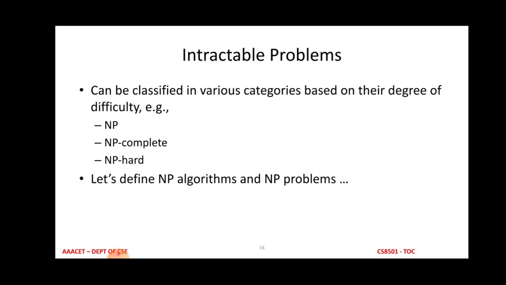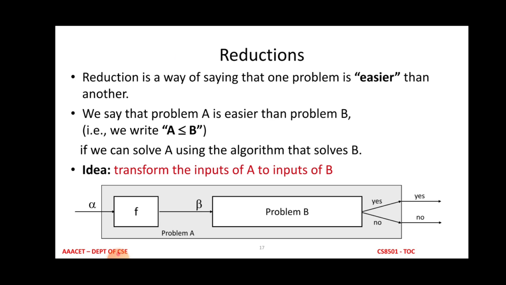So the next one is intractable problems. They can be classified into NP, NP complete and NP hard problems. These are the examples for intractable problems. The main point in intractable or tractable, NP complete and NP hard is reduction, because reduction is the easiest way of reducing one problem into another problem.